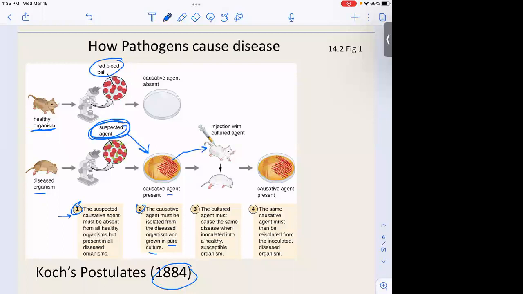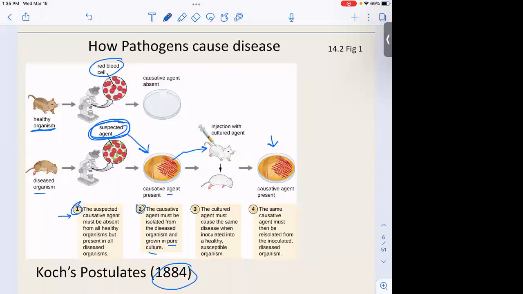If that animal gets sick, and you can maybe see it under the microscope and grow it up again in pure culture, then that satisfies the criteria that it's definitely that organism, that bacteria, that caused the disease.